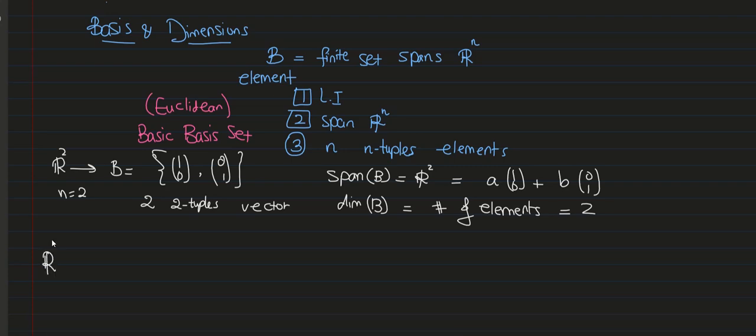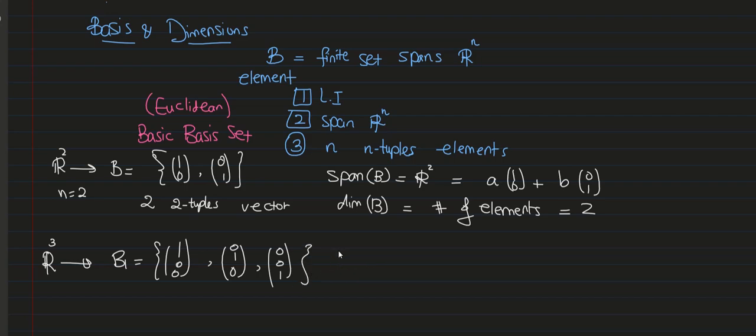Let's take R3 as an example as well. If I want to get a basis set for R3, I will call it B1. This set will include what? Actually, it will include (1, 0, 0), (0, 1, 0), and (0, 0, 1). These will be the elements, okay?